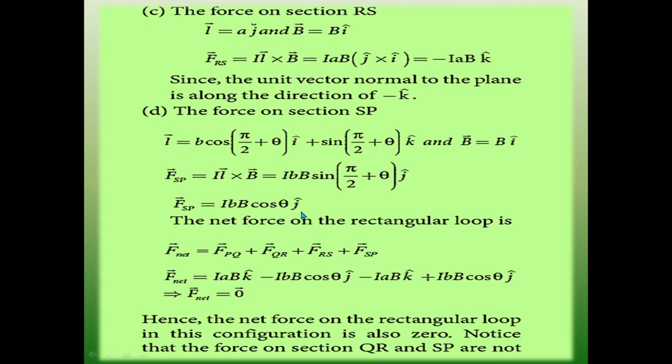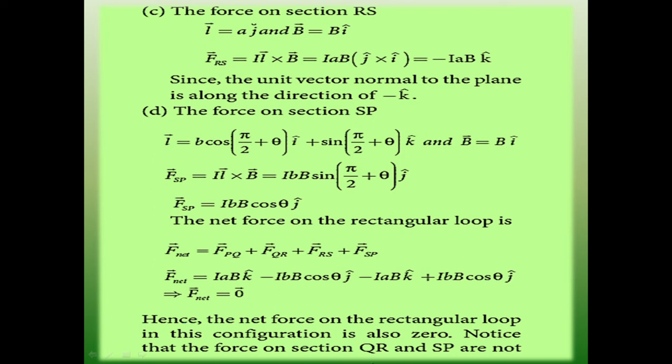The net force on the rectangular loop, F net vector, is equal to F PQ vector plus F QR vector plus F RS vector plus F SP vector. Substituting the force values we already obtained, F net vector is equal to I a B k cap minus I b B cos theta j cap minus I a B k cap plus I b B cos theta j cap. So the plus terms and minus terms cancel, and we obtain F net vector equal to the zero vector.